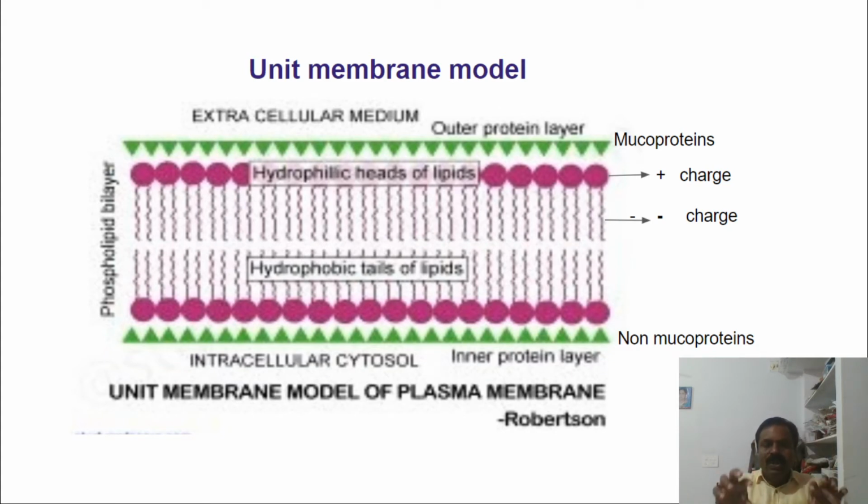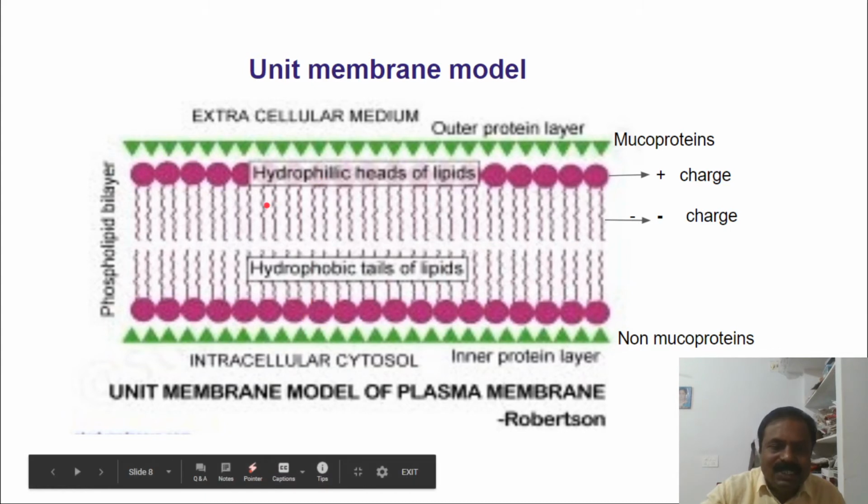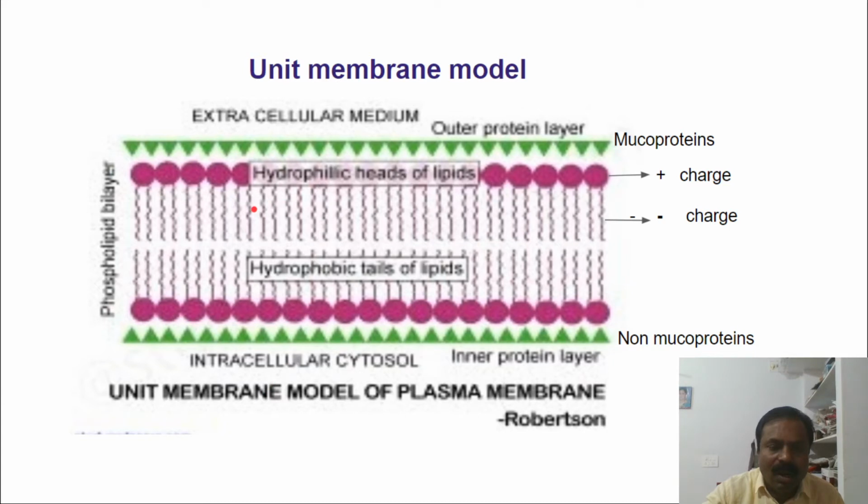This structure is one unit, and the same kind of structure is there in all membranes, so it is called the unit membrane model. So the model is the same as the trilamellar model or the Danielli Dawson model.